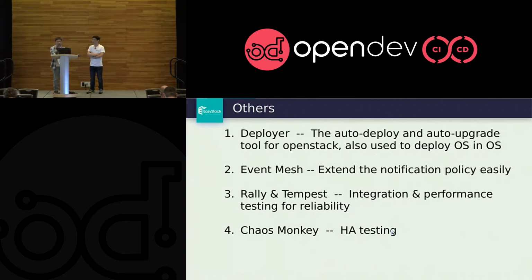And Rally and Tempest are also deployed to test our product. Chaos Monkey helps us to do the high availability testing, and we also deploy some other testing tools to test hardware like CPU and memory, and other tools like iPerf, IOmeter, and FIO.